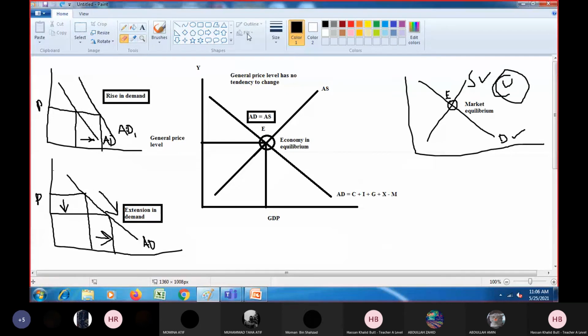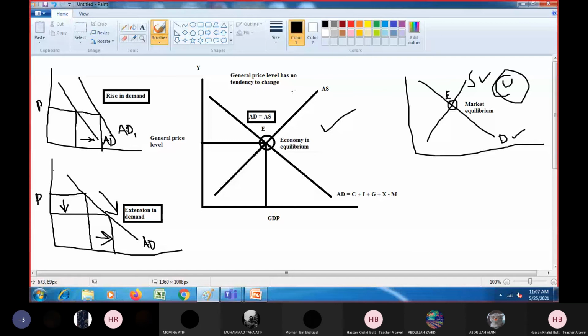All right, I will draw it right there, on the same diagram. Now, if aggregate supply shifts to the left side, remember, it means that supply is decreasing.